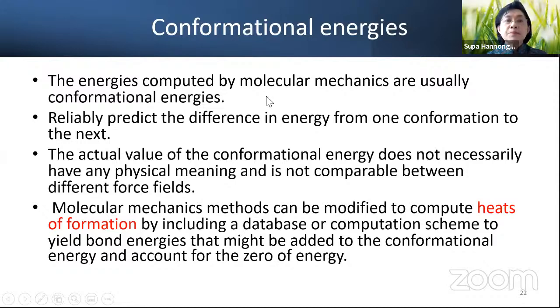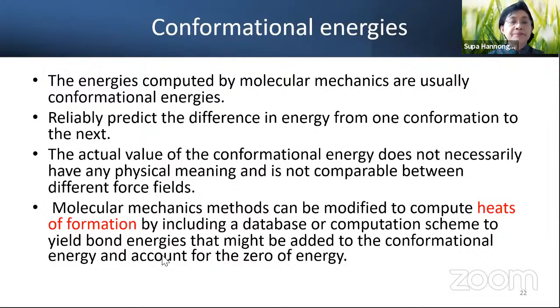So the energy computed by molecular mechanics is usually conformational energy. And it reliably predicts the difference in energy from one conformation to the next. Okay. The actual value of the conformation energy does not necessarily have physical meaning and is not comparable between different force fields. Okay. Just relative, not absolute value, just relative.